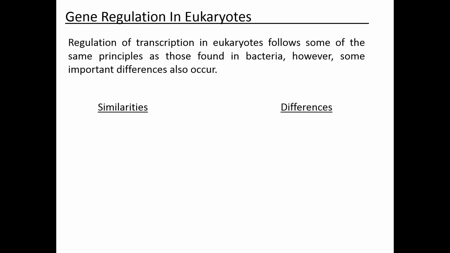And we'll see that in some cases the regulatory segments can be upstream of the gene, or downstream of the gene. There are also some regulatory segments that sit within introns of genes. So one difference is that the regulatory segments of DNA that control gene expression can be far away from the genes that they actually control the expression of.